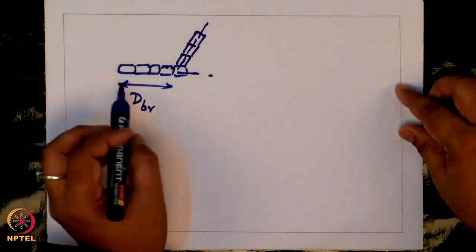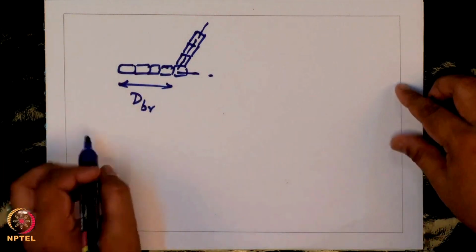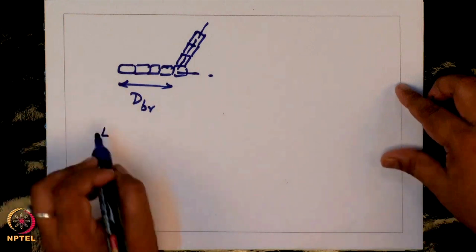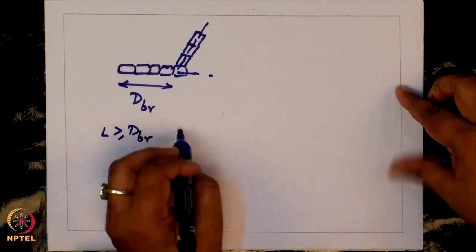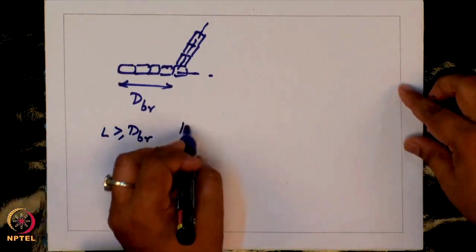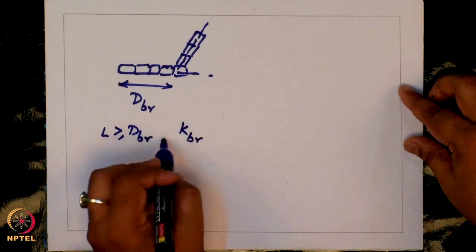In other words, for any filament length L greater than or equal to dBr, you have a finite probability, or a finite branching rate.